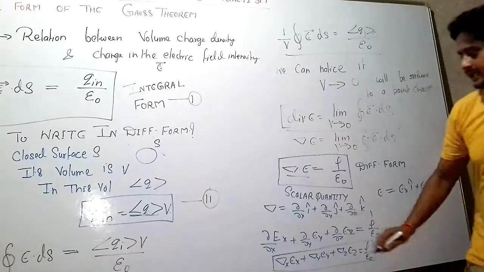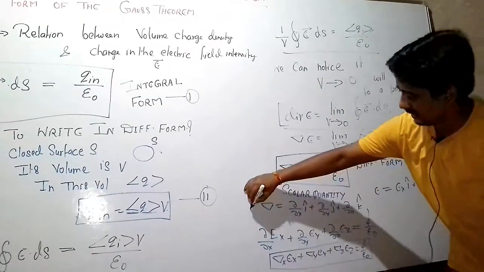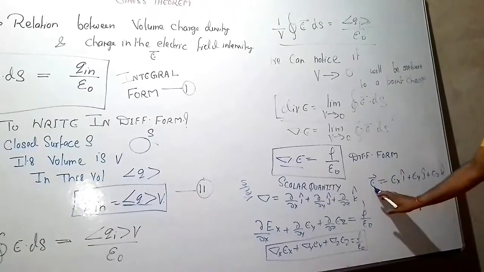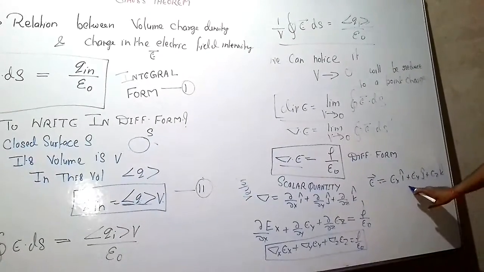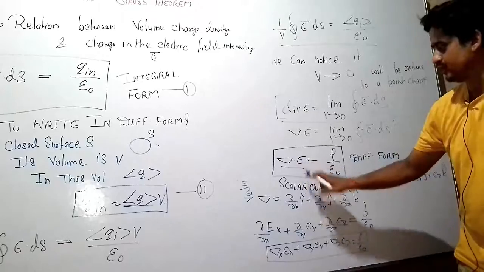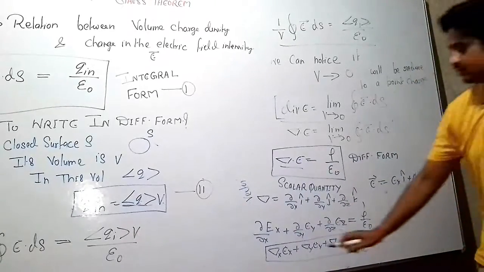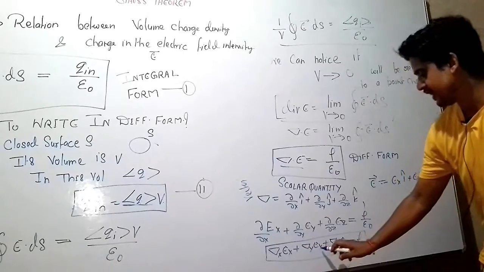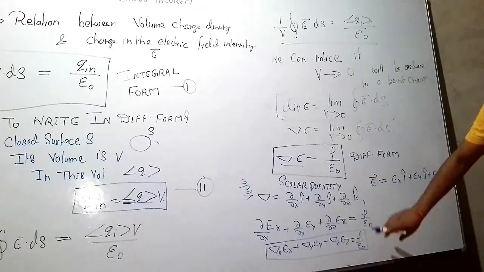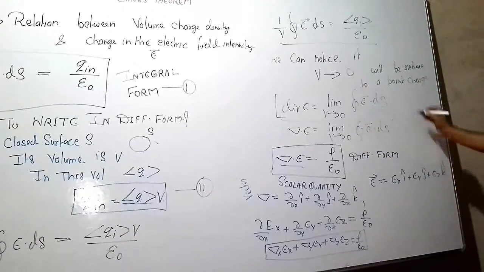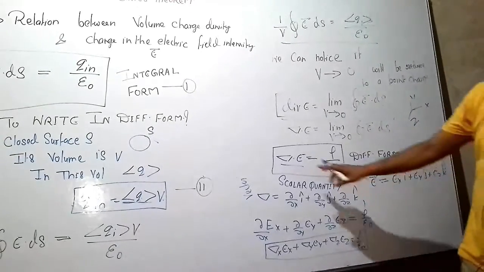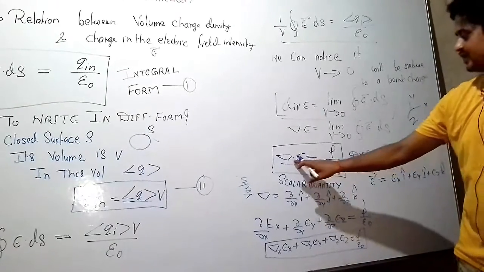Now you can see that del is a vector, and the field intensity E is also a vector quantity, and the divergence, the dot product of these two, becomes a scalar quantity. So we have written this in component form, in the x, y and z components.